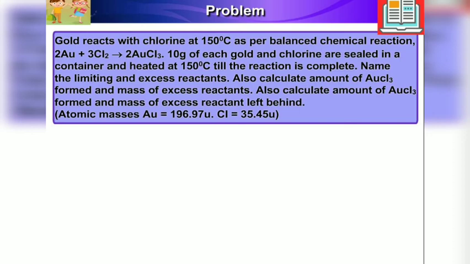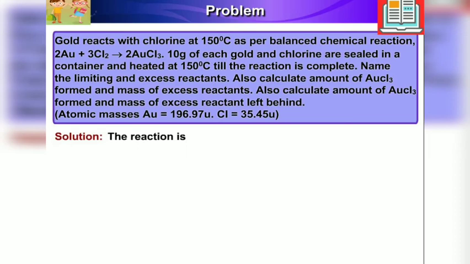Name the limiting and excess reactants. Also calculate the amount of AuCl3 formed and the mass of excess reactant left behind. Atomic masses: Au = 196.97 u, Cl = 35.45 u.